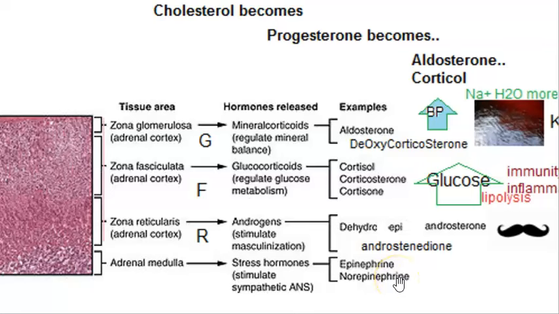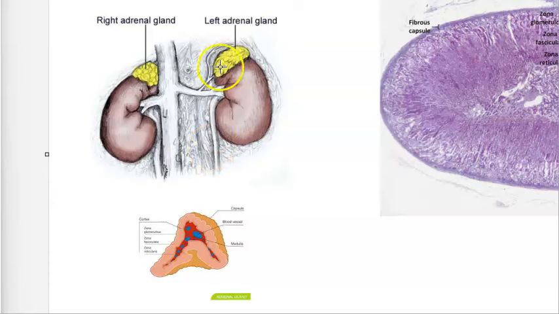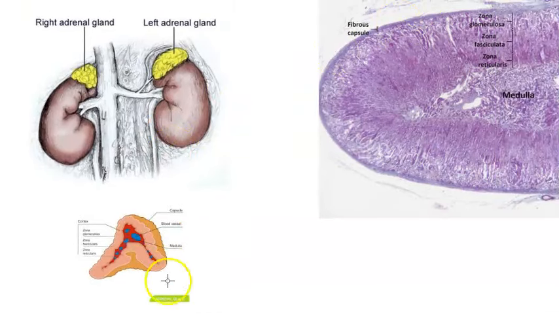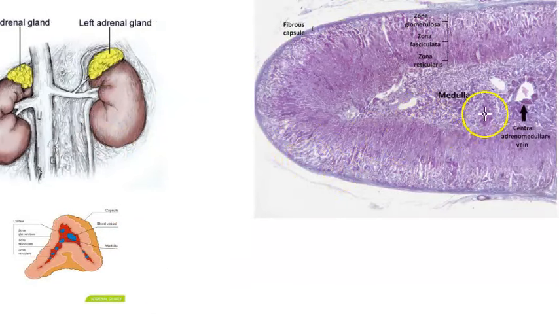Sympathetic, we already knew that. Stress hormones, epinephrine, norepinephrine. Flight, fight, fright, all that. So why are these cells in the medulla called chromaffin cells? Because they have some affinity to some salt of chromic acid, it seems.